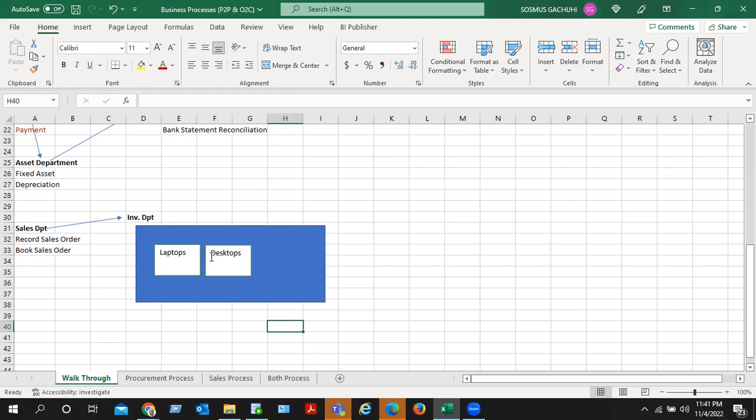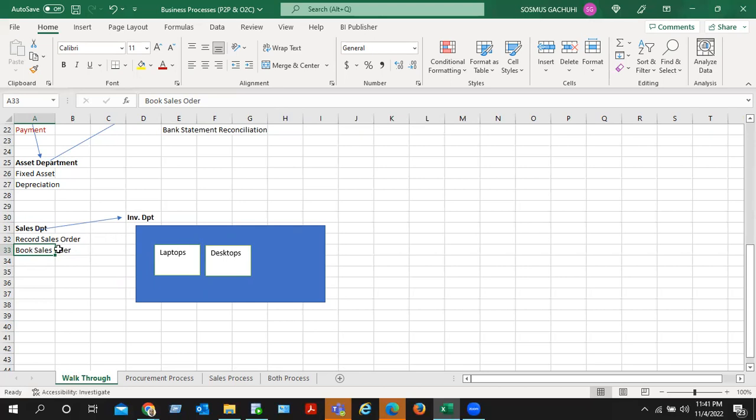What usually happens is, once the sales order has been booked in the system, the inventory department will remove the amount or the items that have been ordered from the sales order.